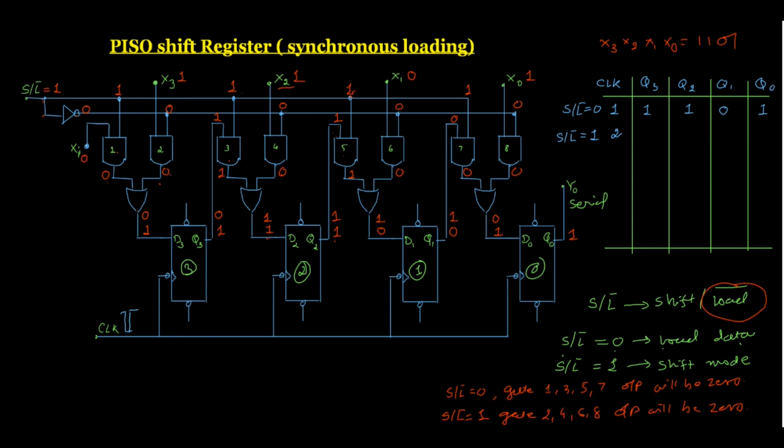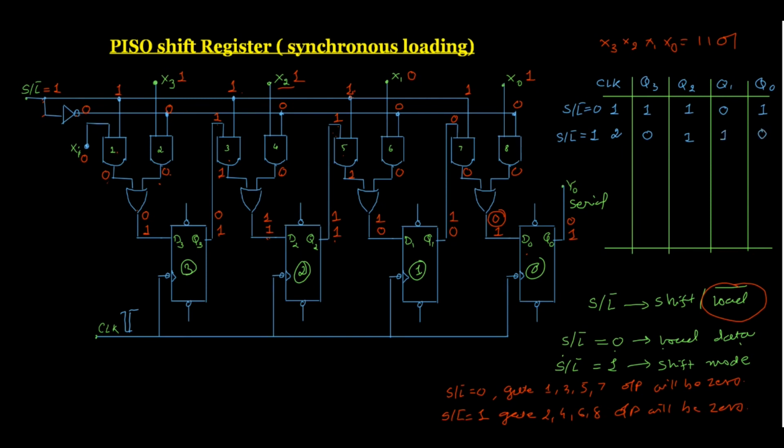And the input to flip-flop number 0 is 0. And after the negative edge, this output will be a 0. So if you see, with the second negative edge, the Q3 is 0, Q2 is 1, Q1 is also a 1, and Q0 is 0.